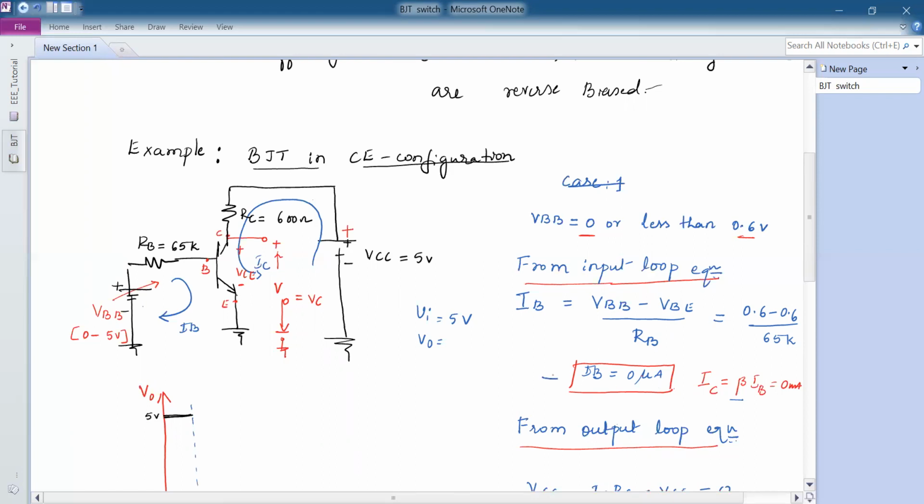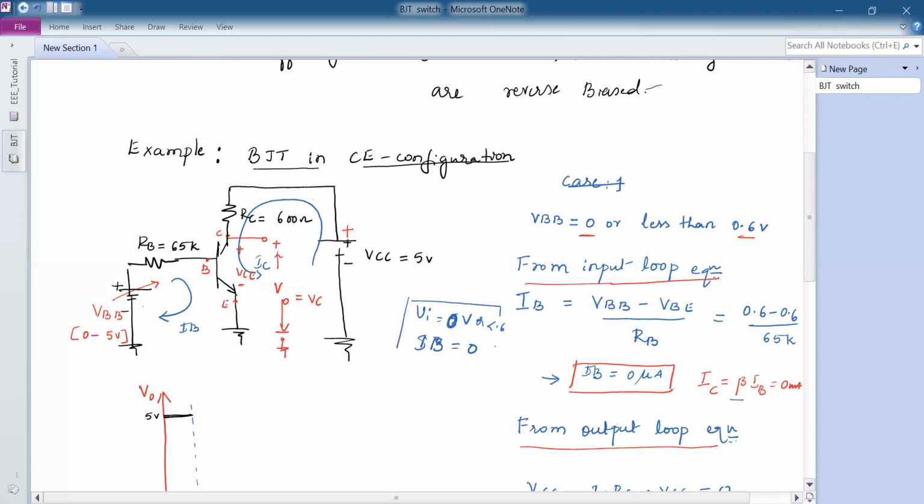When the input current is 0 microamps, the output current is also going to be 0 milliamps, with the equation beta times IB. So here at the input side, the input voltage is 0 or less than 0.6 and the input current IB is 0.